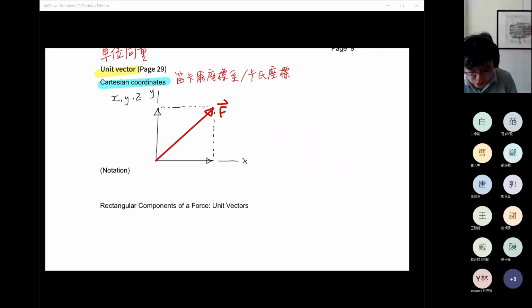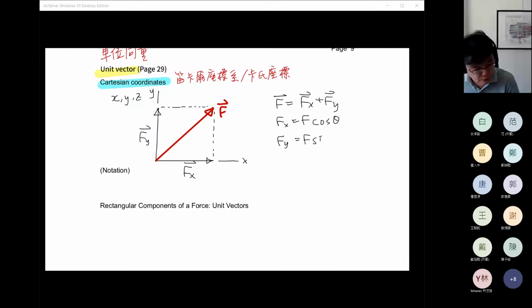One is Fx, and one is Fy. I assume you know how to calculate these two parts. F is equal to Fx plus Fy, and Fx is equal to F cosine theta, and Fy equals F sine theta, if this is theta. I assume you know this one.